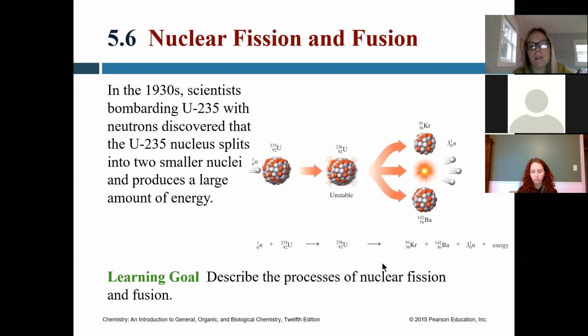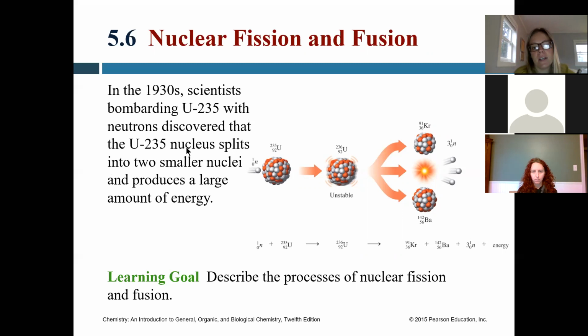Okay, last little bit here, we're going to talk about nuclear fission and nuclear fusion. In the 1930s, scientists started bombarding uranium-235, which is large and unstable, by hitting it with neutrons.